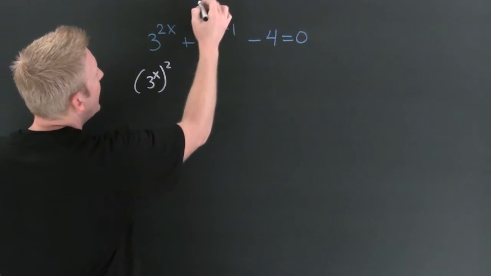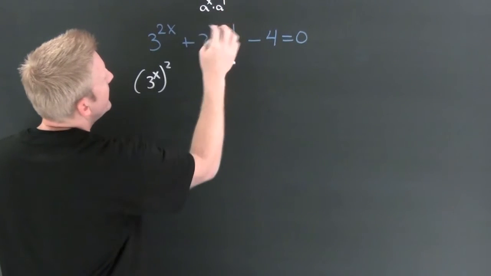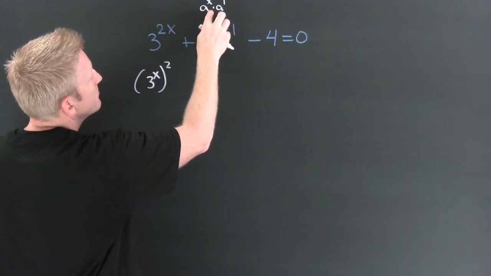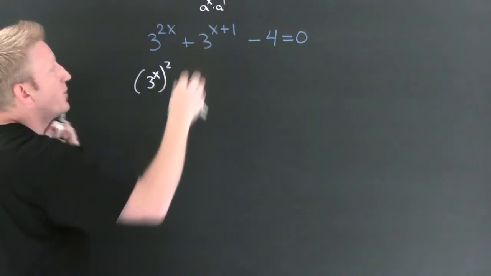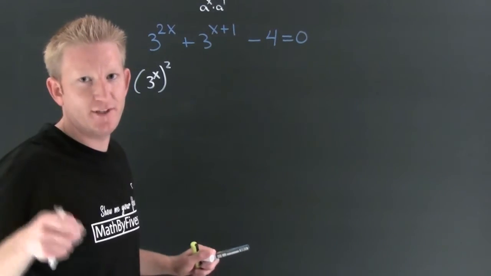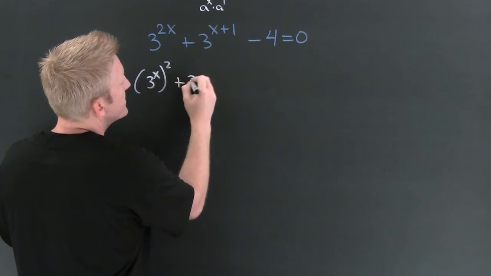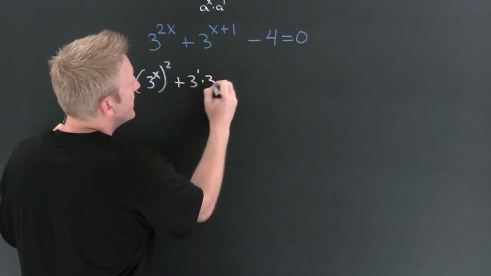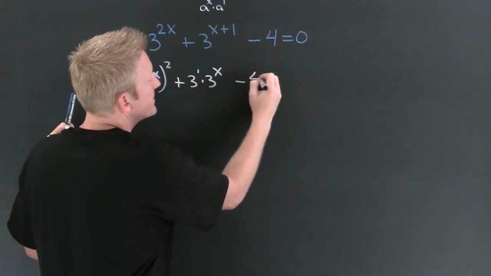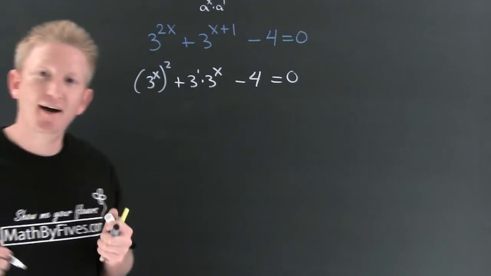Here I know if I have a to the x times a to the 1, if I have the same base and I'm multiplying, what do I do to their exponents? Yeah, that's right, Adam. That one was for you. So is this one. Then this is the same as 3 to the first times 3 to the x minus 4. That's going to be equal to nothing.